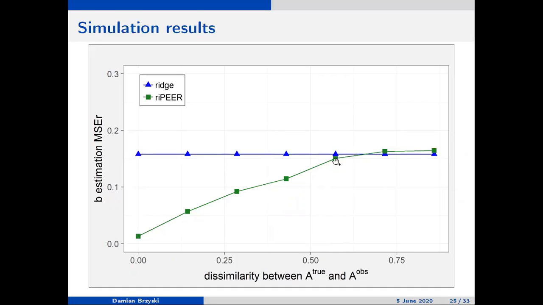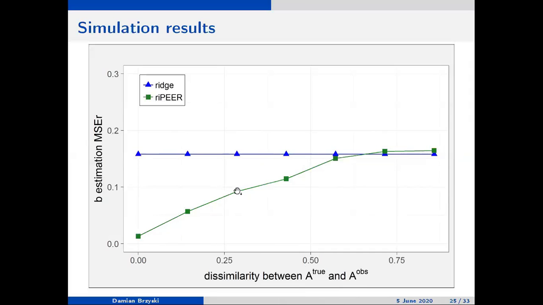We were mixing them and pretty much providing some garbage information, and it turns out that at some point, of course, Ridge doesn't care about that. It doesn't care about the additional information because it doesn't use it in the estimation, but Reaper cares about it, and at the beginning it benefits a lot from this additional information because it contains a lot of truth.